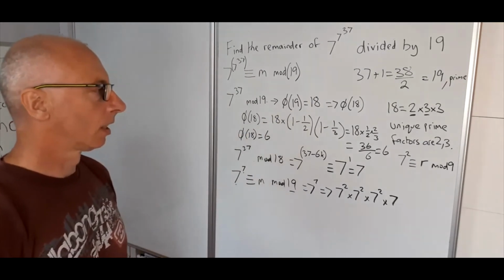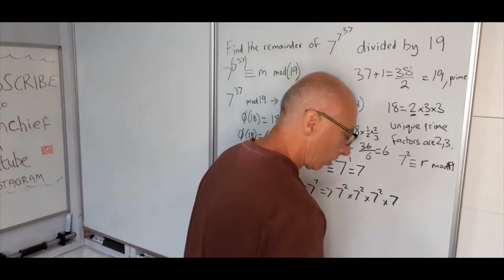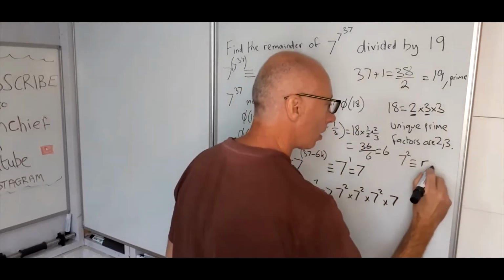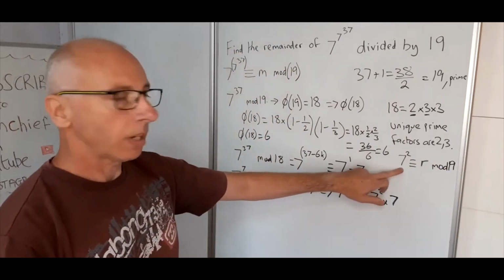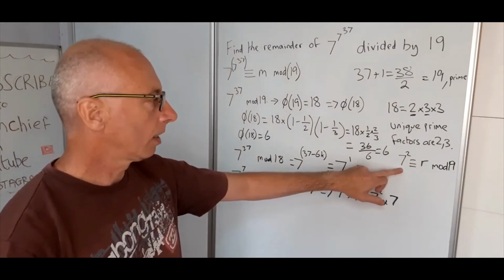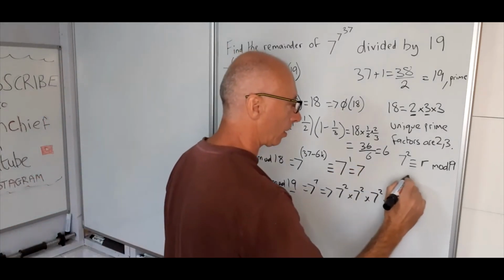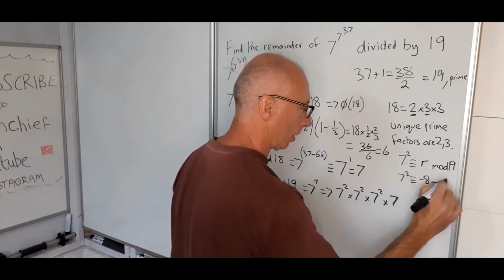That's our remainder. Modulo 19. Well, we know that 7 squared is 49. So 49 will give us minus 8. So 7 squared is congruent with minus 8 mod 19.